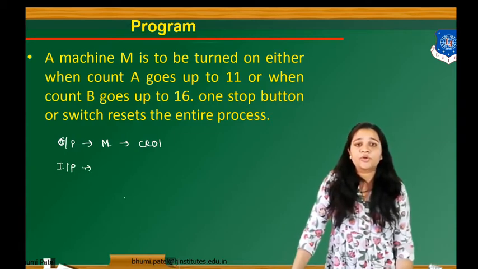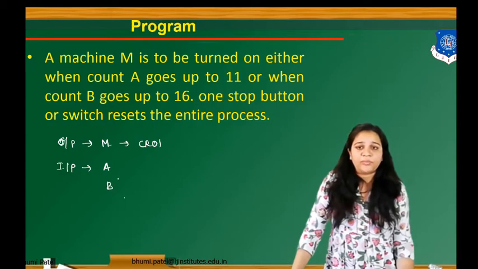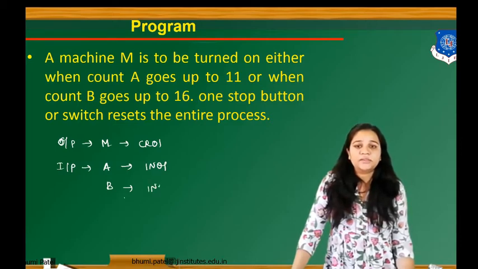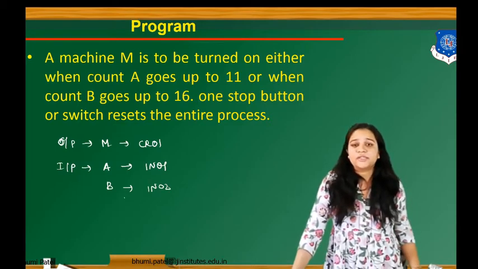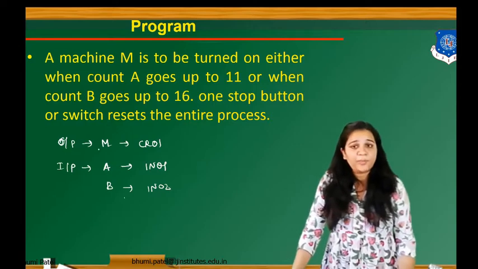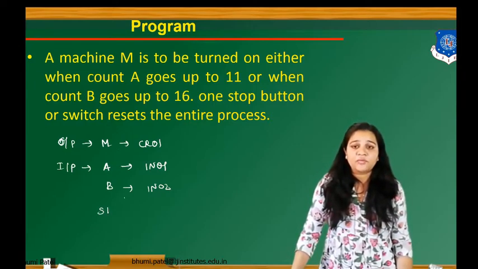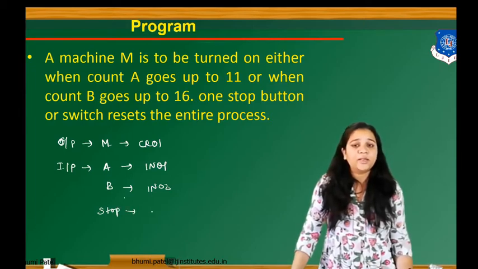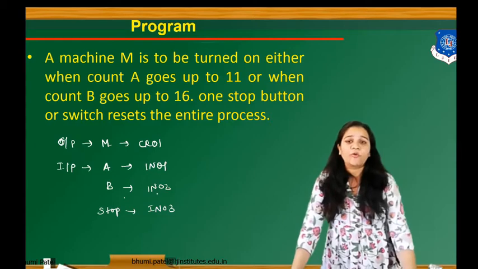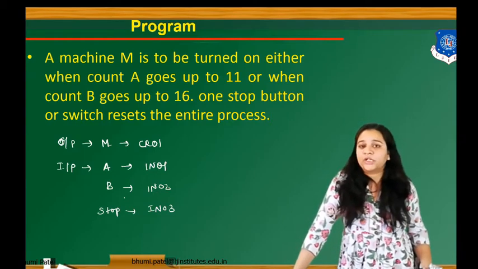A goes up to 11, so we can take two inputs, A and B. Suppose the name of the A input is IN01 and the B input is IN02. One stop button resets the entire process, so we take one stop button and its name is IN03. So this is my output and input for this particular program.